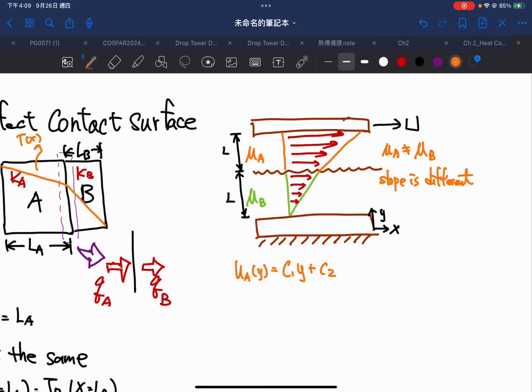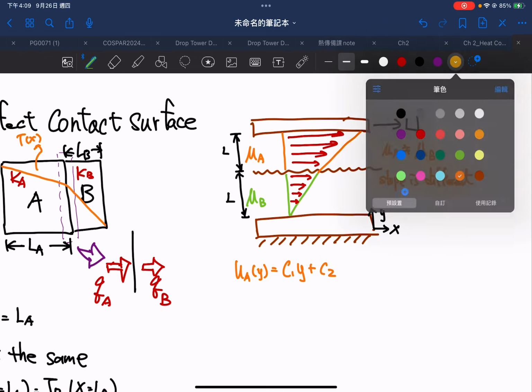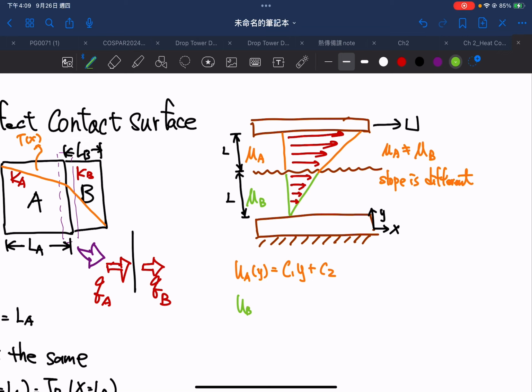There's no pressure gradient, so this is only Couette flow, and the velocity profile will be linear. And the bottom one will be U_B(y) equals C3 y plus C4. That's the boundary condition of the fluid dynamics.